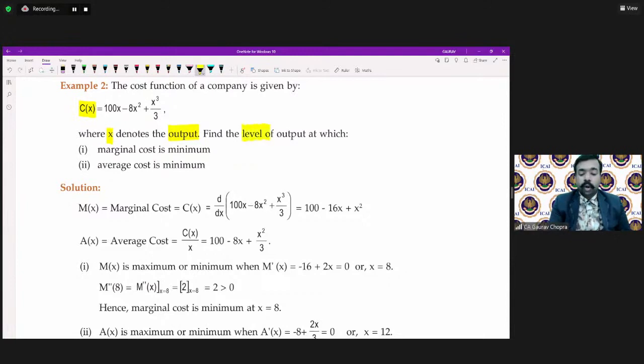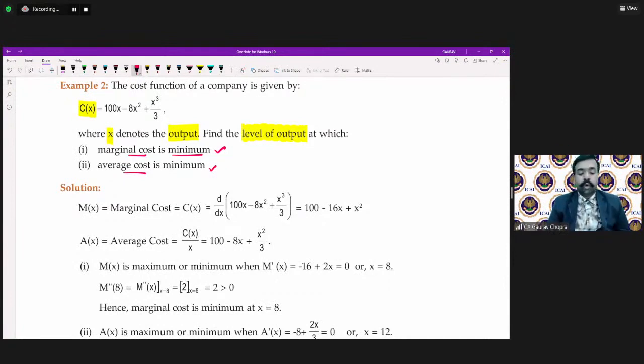Find the level of output, that is the quantity at which the marginal cost is minimum. The quantity where the marginal cost will be minimum and the average cost is also minimum. So these two are minimum. That level of output we have to find out.